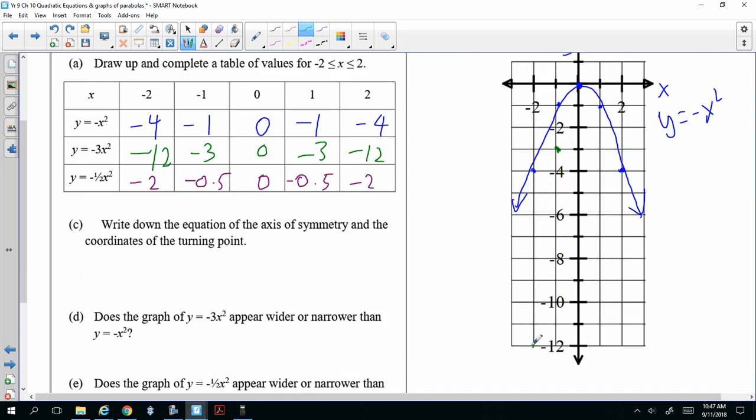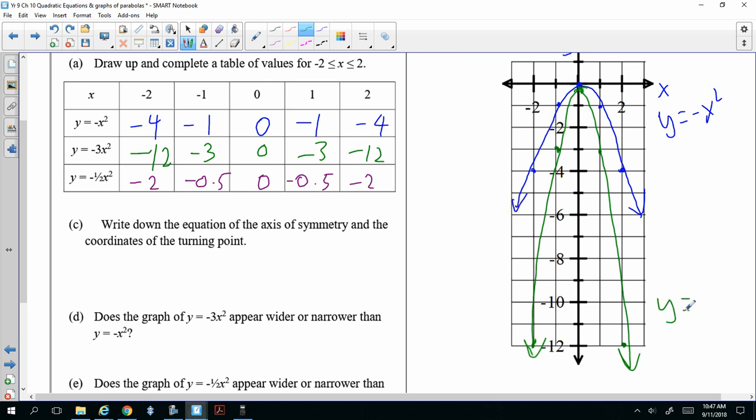It's going to be very narrow. Because you got negative 3, it makes the y value lower than it should be, so you're going to get more narrow. Watch this. I'm going to use this pen to draw. Okay, that's y equal to negative 3x squared.